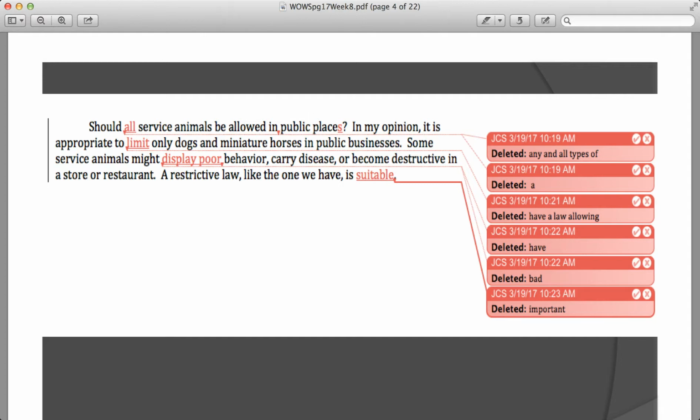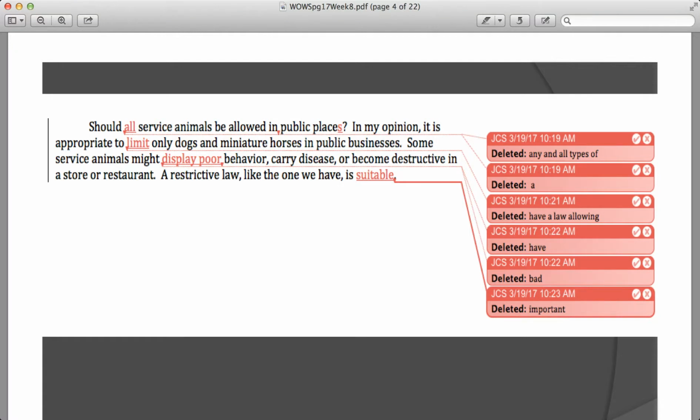Here, I also thought, instead of it had said in a public place, I took out A and I added in an S. It was a minor change, but I would still call that another take out, and I would also throw that in as an addition because I made this plural. Now over here on this one, I deleted have a law allowing.